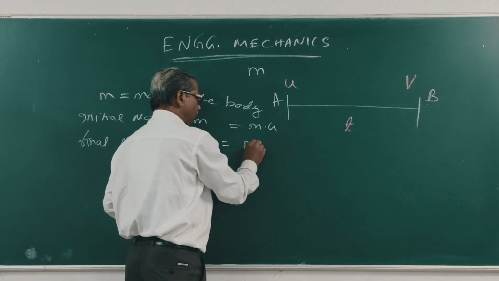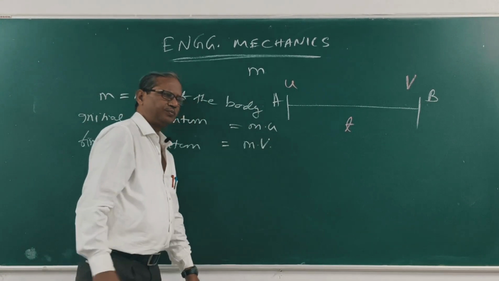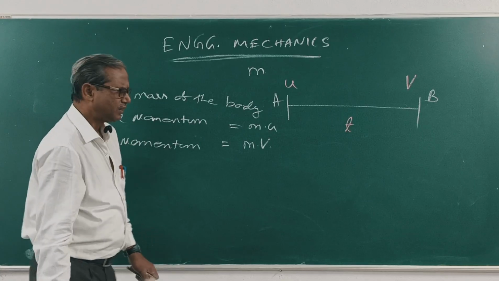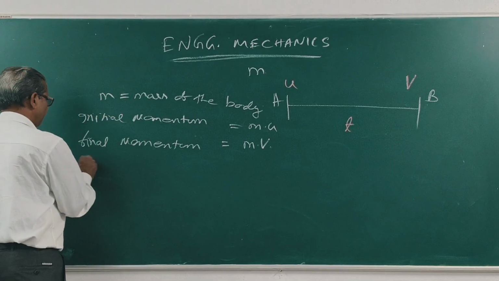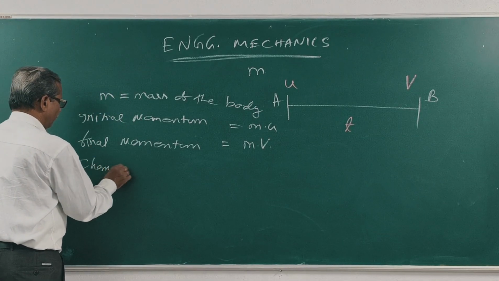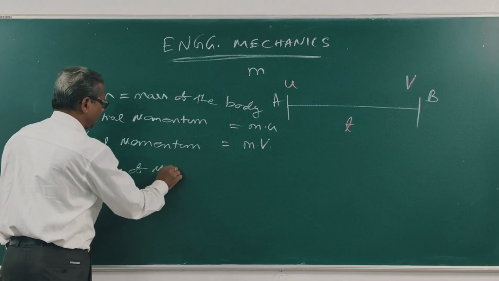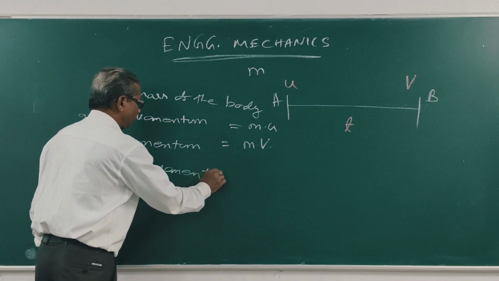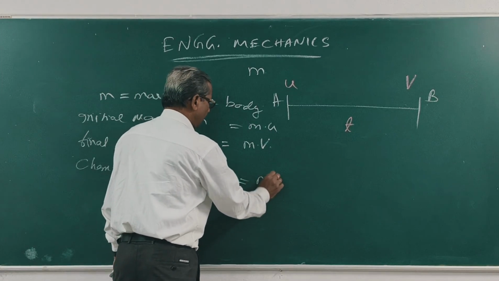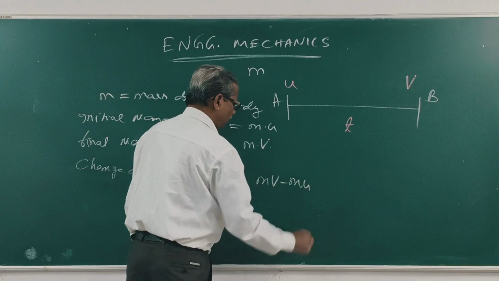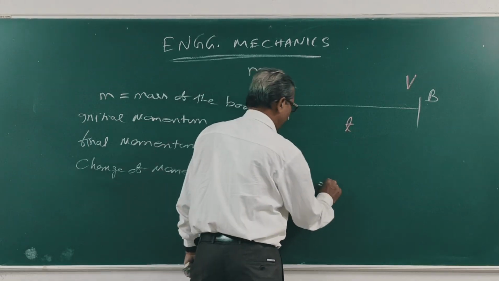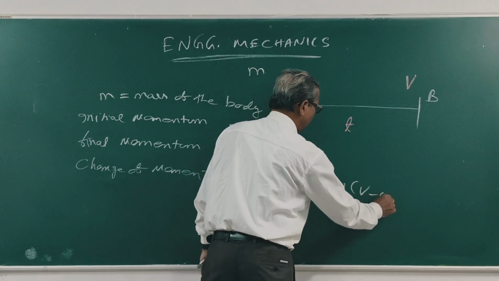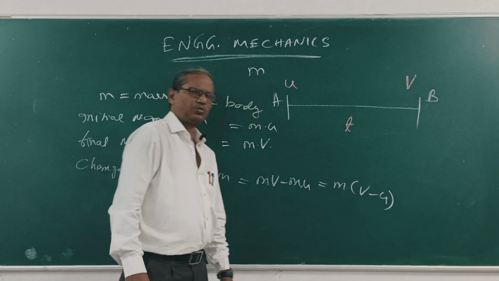Right? Change of momentum is MV minus MU, which is M into (V minus U).